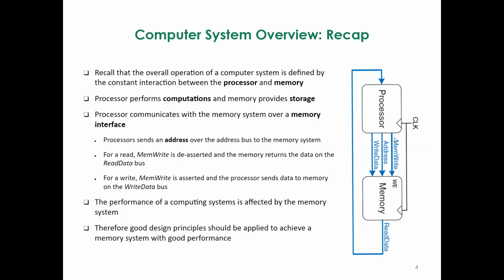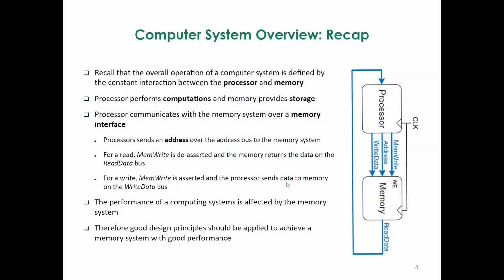So memwrite, the processor can either want to write to memory, and therefore it will set that to 1. It wants to read, set that to 0. It specifies the address that it wants to write or read from or to, and the data it wants to write, or the data that it wants to retrieve from memory into its own internal processor storage made up of registers for processing, right?